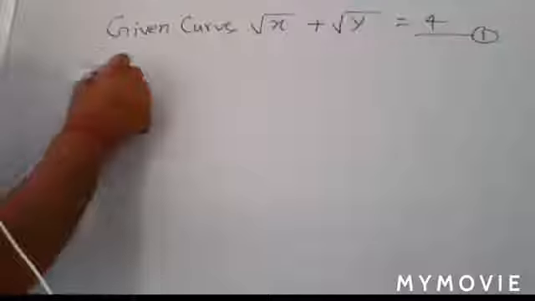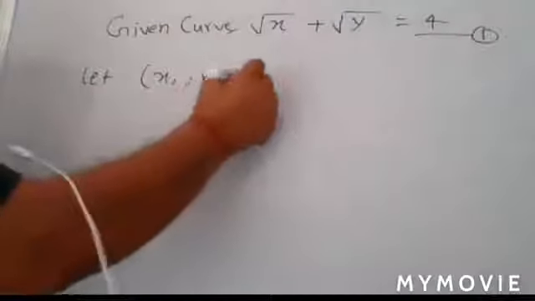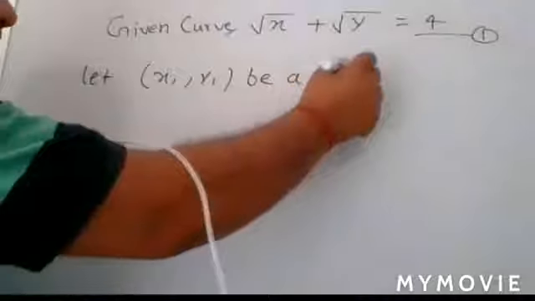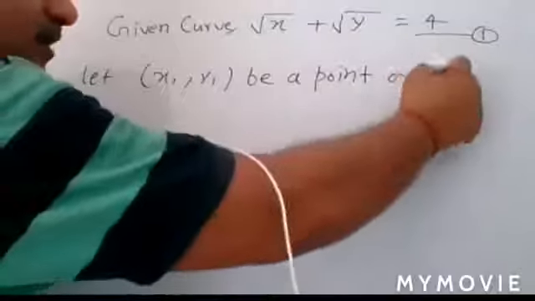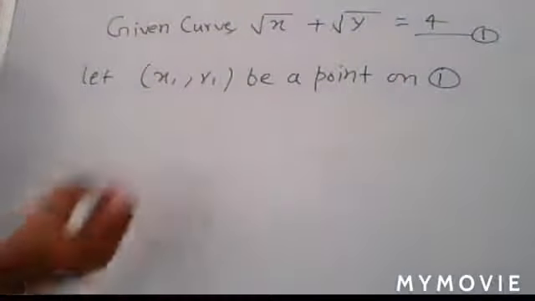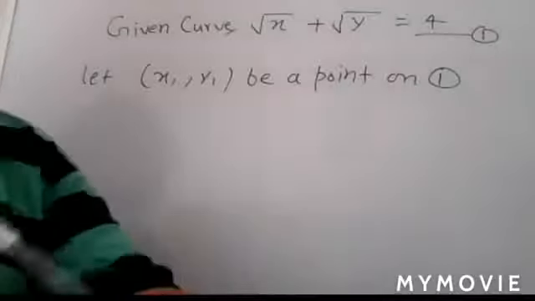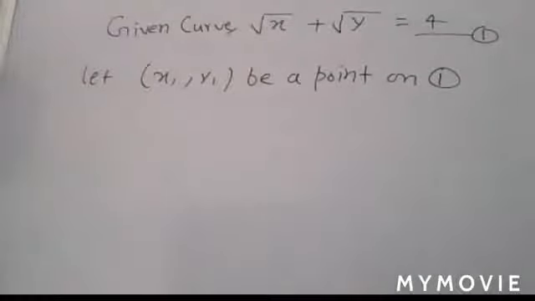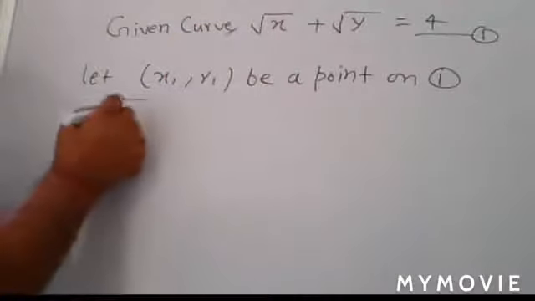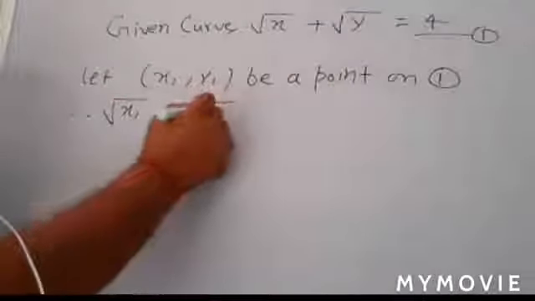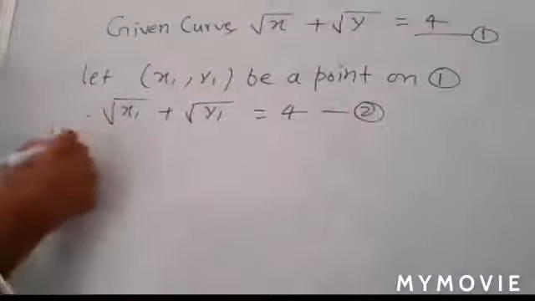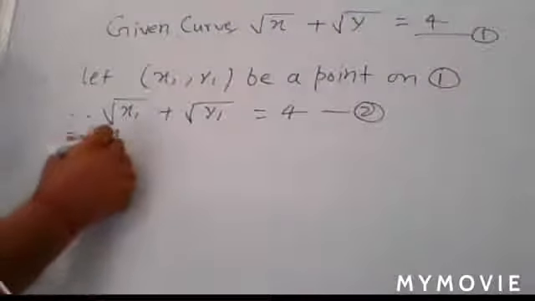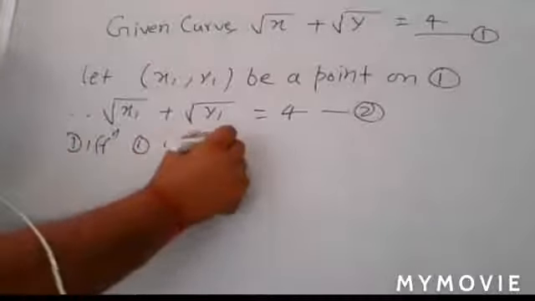So you write, let (x1, y1) be a point on curve 1. So it will be satisfying it. So here you have under root x1 plus under root y1 is equal to 4. That is your second equation. Now you're differentiating 1 with respect to x.